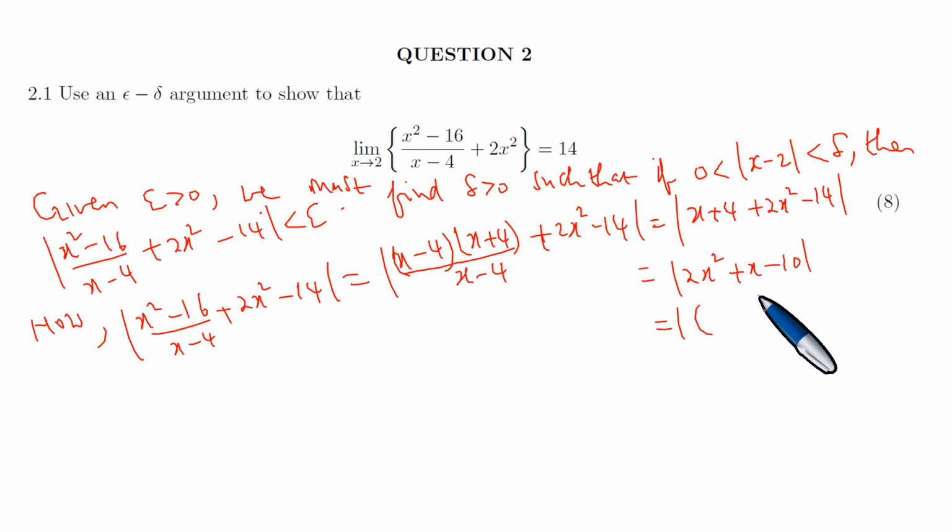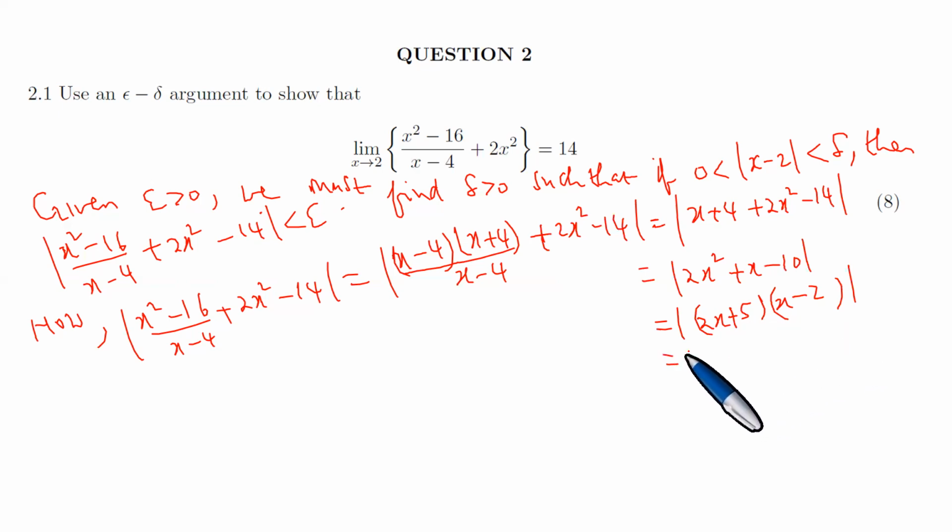What are the factors of this? Which means it's 2x and x. We put 5 and 2, negative, negative, positive, like this. 2x squared minus that.